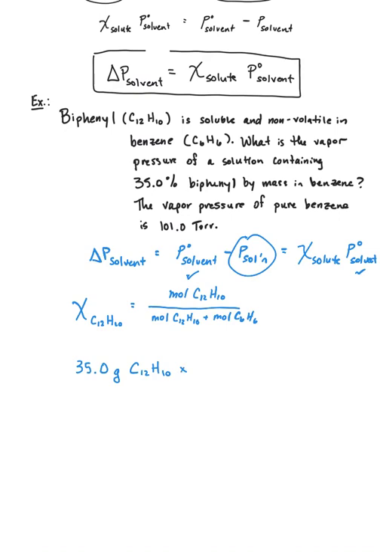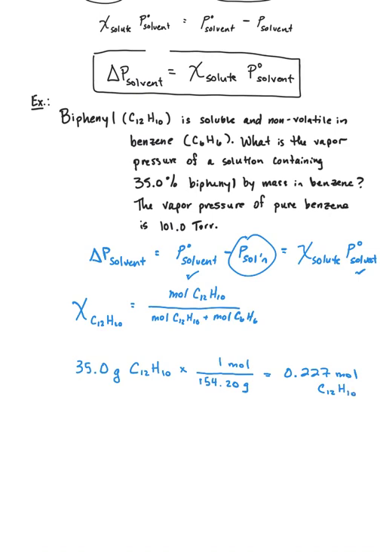We can convert that mass of biphenyl into moles by dividing by its molar mass, 154.20, to give us 0.227 moles of it.